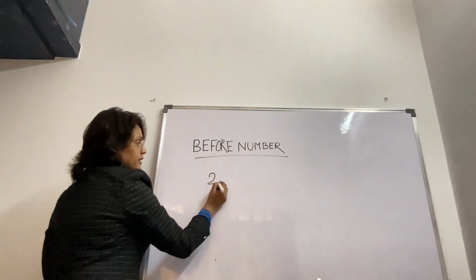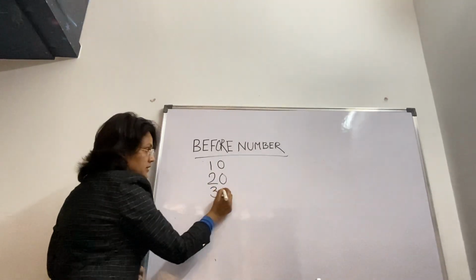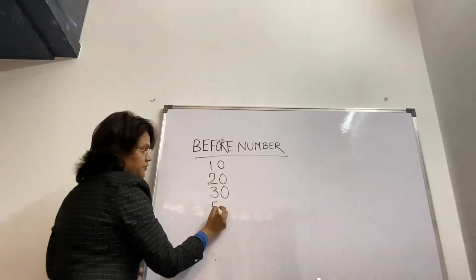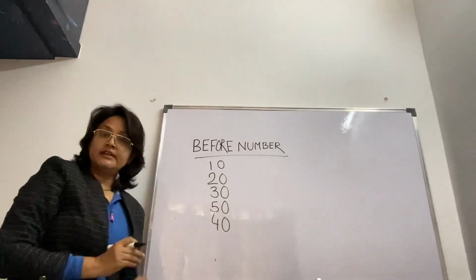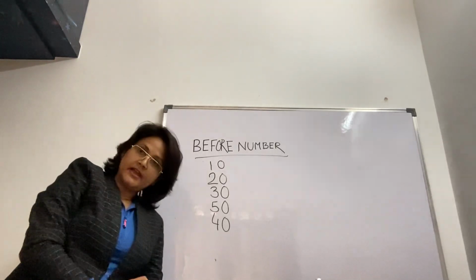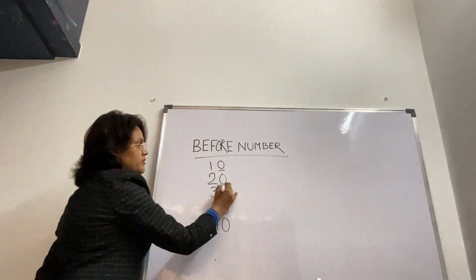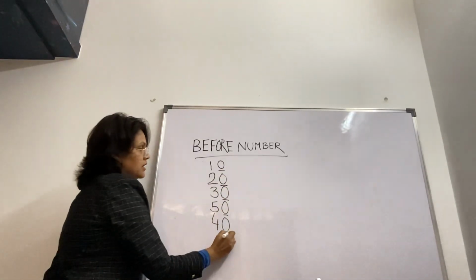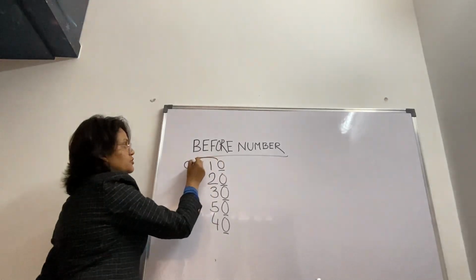Number 20, number 10, number 30, number 50, number 40. So when it comes to a number which is ending with 0, what we have to introduce to the students is to convert all the zeros, wherever the zeros are, to 9. We have converted the zeros to 9.